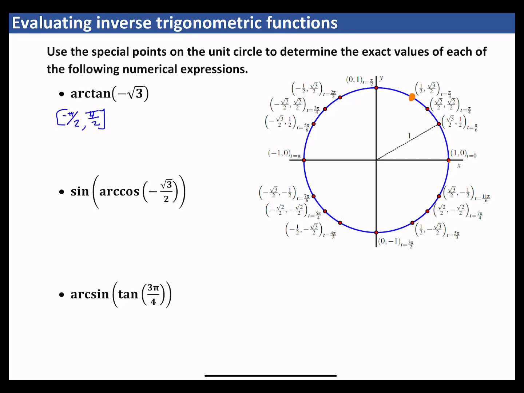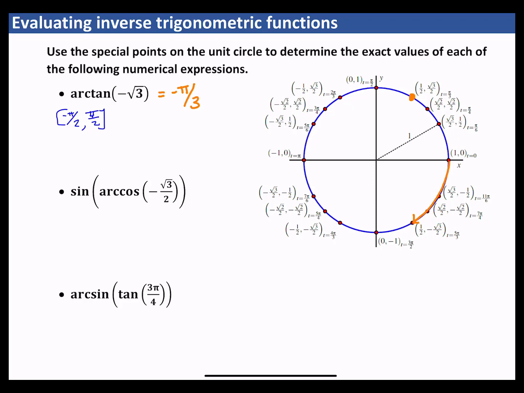And so if we actually go in the fourth quadrant at 5 pi over 3, we'll have a negative square root 3 for our tangent. But remember, we're going to represent that as a negative angle. We're going to travel clockwise pi over 3. So we're going to say that answer is negative pi over 3.